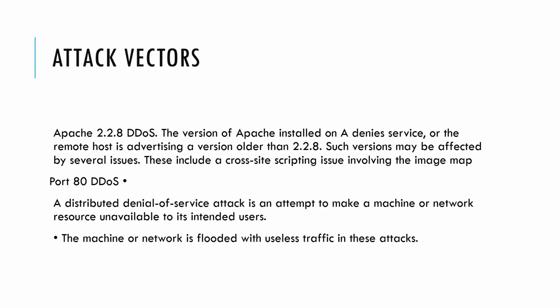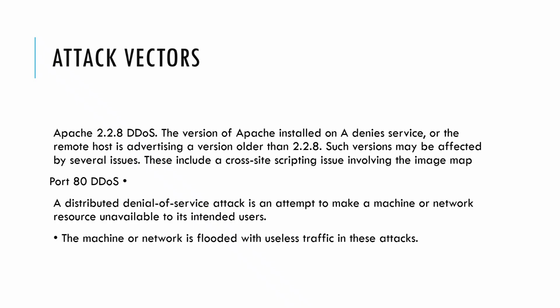Attack vectors, the Apache 2.2.8 DoS, the version of the Apache installed was a denial of service, or a remote host was advertising a version older than 2.2.8. Such version may be affected by several issues, and one of these issues may include cross-site scripting, which involves an image map.